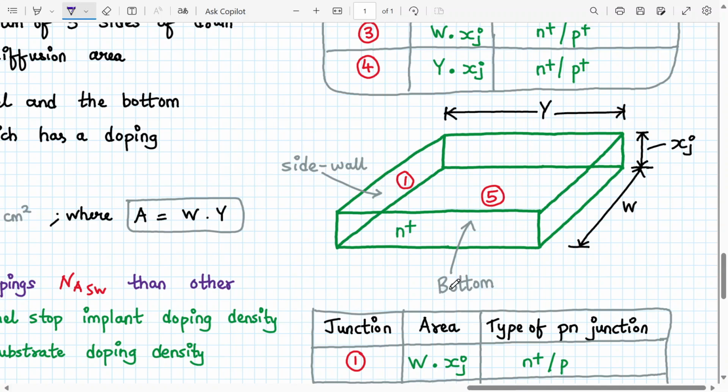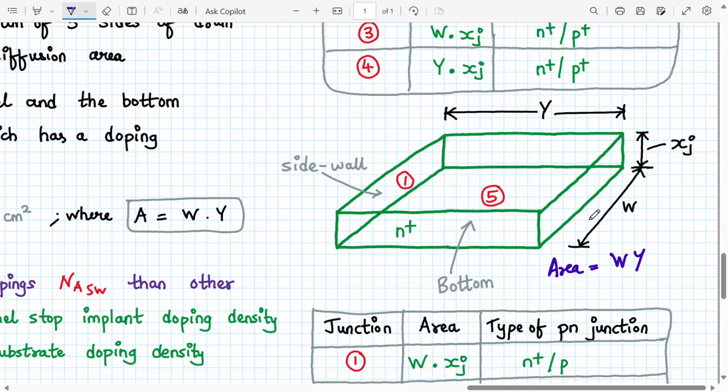So can you tell me what will be the area of the bottom capacitance? Area will be length into width, right? So what will be the area of this bottom capacitance? W into Y, length into width.